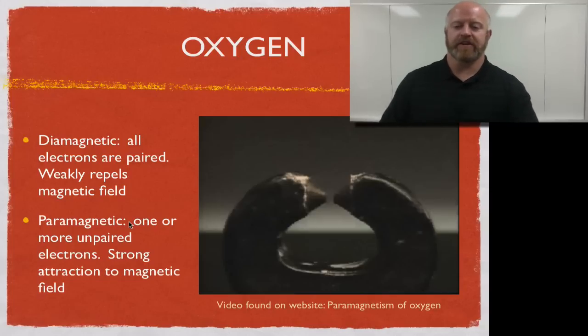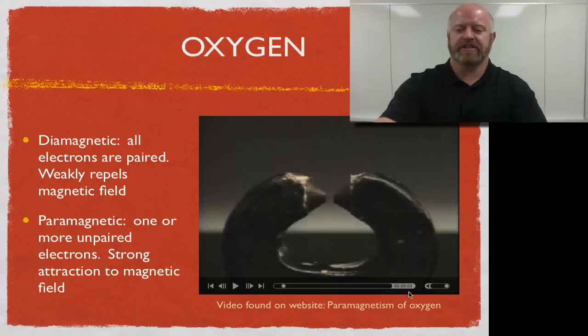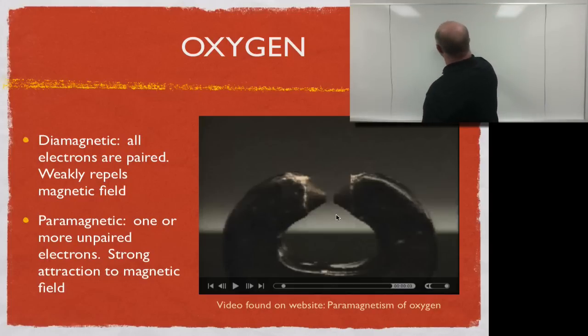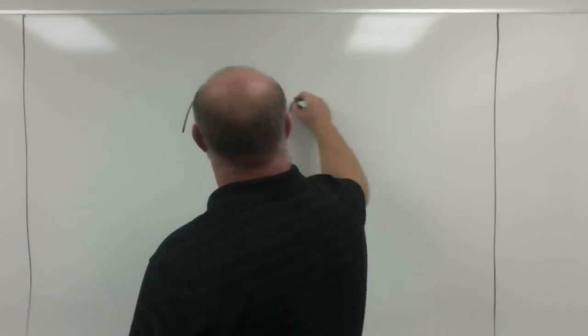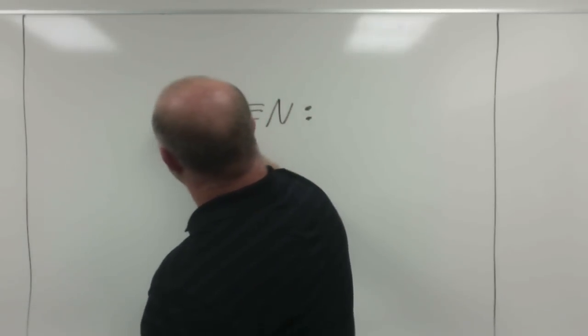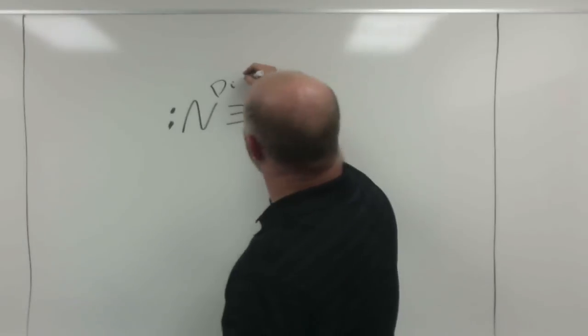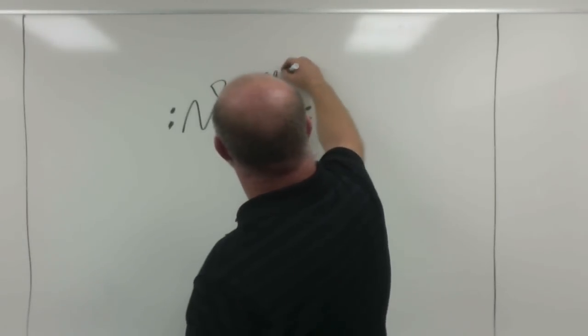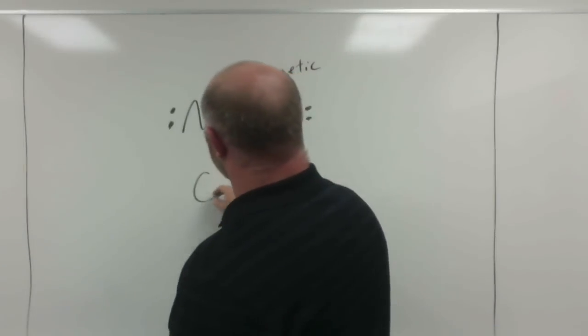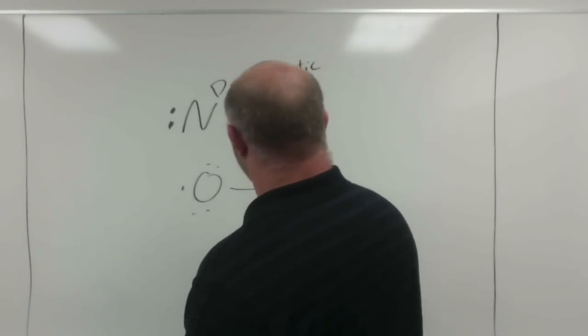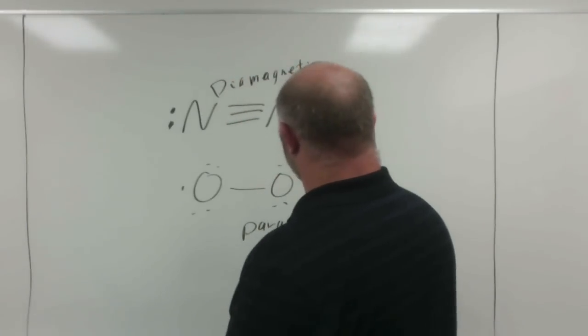So what we're going to see in the video is oxygen exhibiting paramagnetism. Okay, they're going to start with nitrogen, and then they're going to move on to oxygen. We're going to compare how those work. Nitrogen is not paramagnetic. So nitrogen is diamagnetic. Where oxygen, because of this oddity, is paramagnetic.